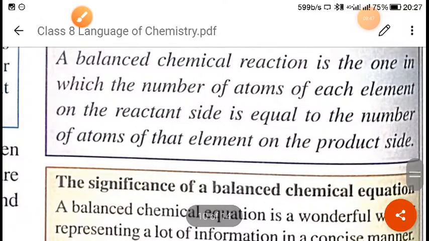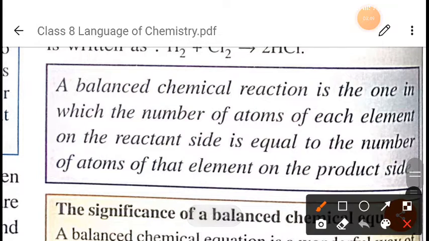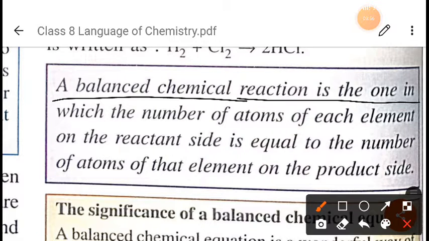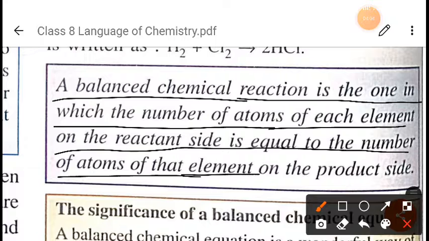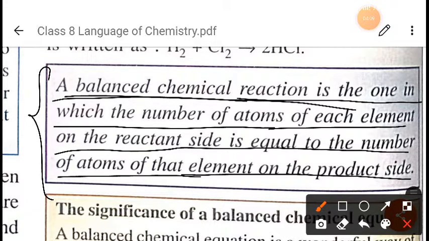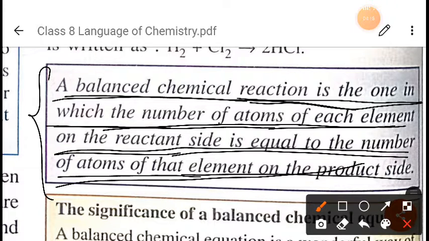I hope you have got some idea. Now next, how can we define a balanced chemical equation? A balanced chemical equation, or balanced chemical reaction, is one in which the number of atoms of each element on the reactant side is equal to the number of atoms of that element on the product side.